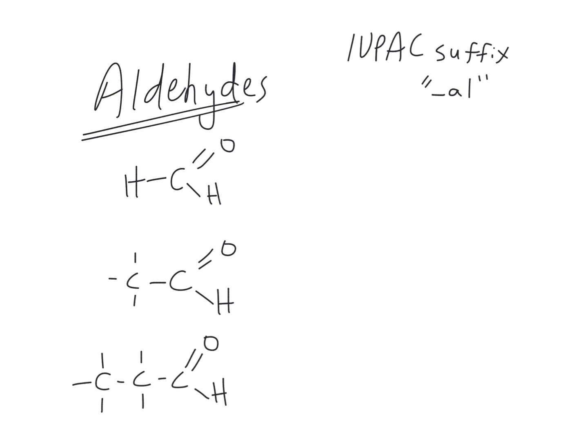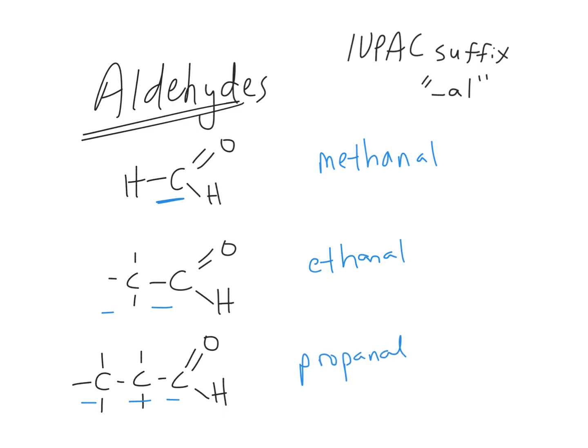For example, in this series, the first one has only 1 carbon, so with the 1 carbon prefix meth, we'll call this methanal. For the 2 carbon, we would call this ethanal, and for the 3 carbon, propanal. You don't have to identify the position of the carbonyl group, because it's an aldehyde, so the carbonyl group is always terminal. It's always going to be on the very last carbon.